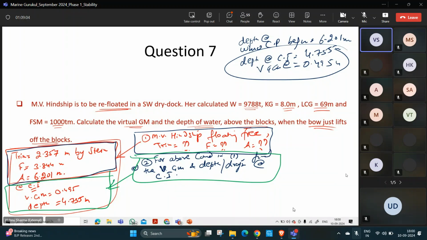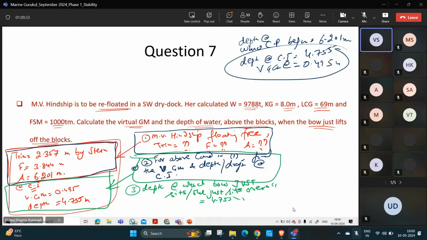I didn't use the word critical instant. I said what is the depth at which the bow just sits, or the ship just sits overall? Both are the same. And the answer is whatever was at critical instant, 4.755 meters.